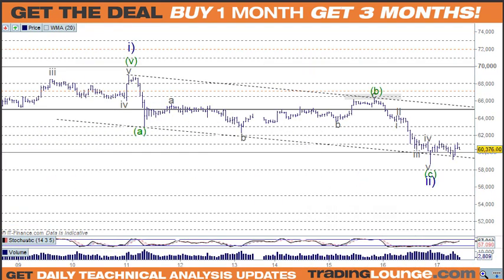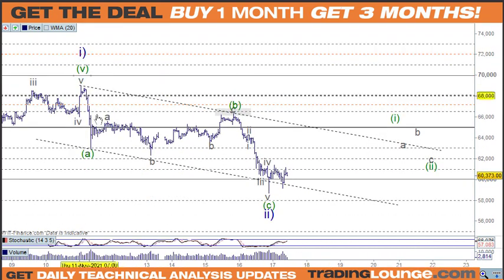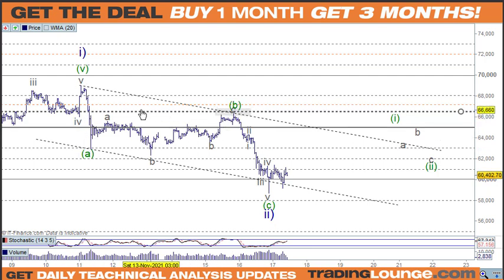So back to our original count here with wave 1, an A wave, a B wave and a C wave. I do like it as a wave 1 here, that's fine. As a wave 2 over here, I have to say that's a very complex big wave 2. This is very typical of wave B being much bigger than wave 1.